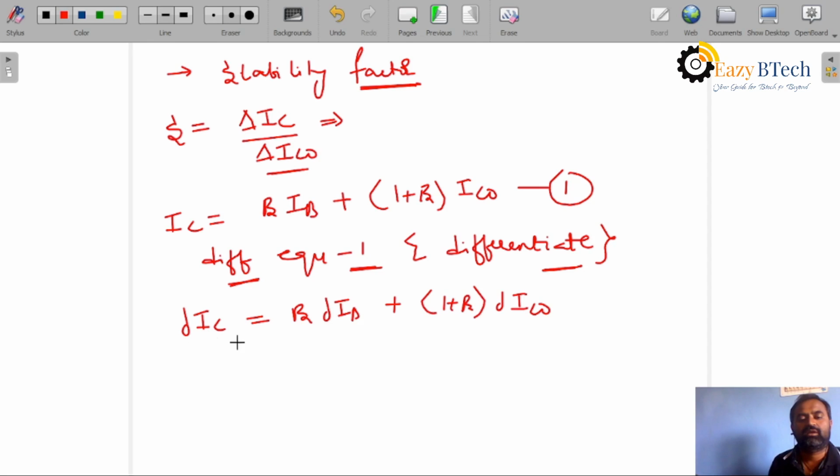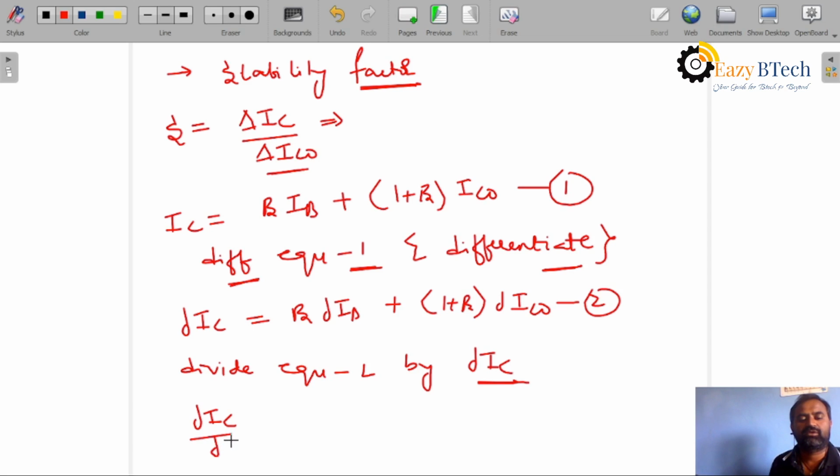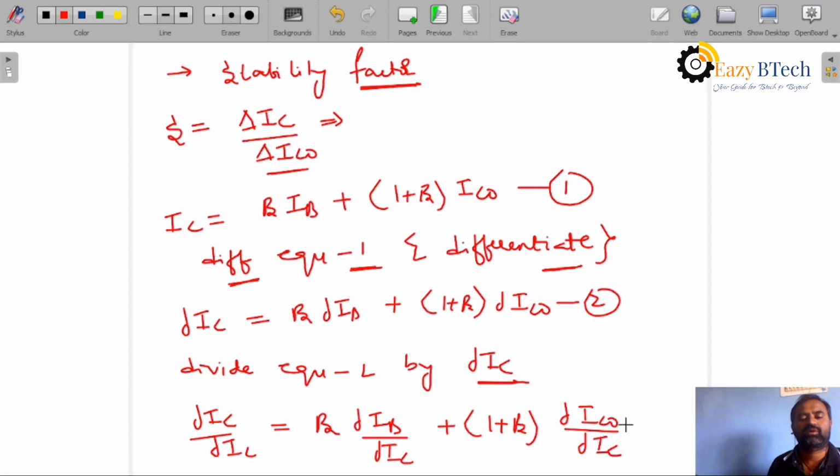Now divide equation 2 by change in IC. What will you get? Dou IC by dou IC is equal to beta dou IB by dou IC plus (1 plus beta) dou IC naught by dou IC. This is equation 3. From equation 3, the left side will cancel and become 1.